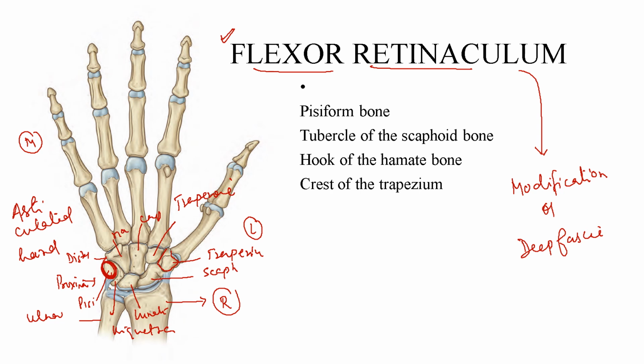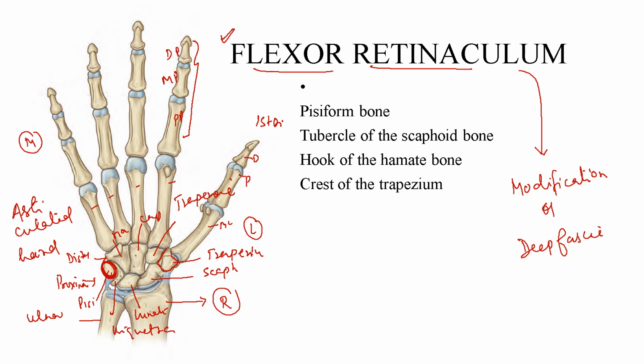Then you can see the metacarpals, first, second, third, fourth, and fifth. Then the phalanges: in the first digit you see only the proximal and distal phalanx, while in the other digits you see the proximal, middle, and distal phalanx.